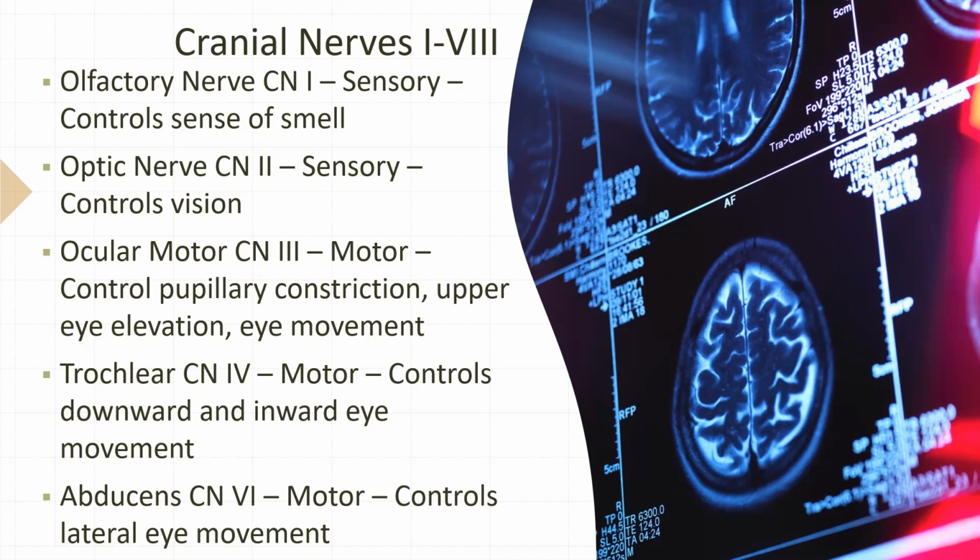The abducens nerve controls lateral eye movement, and the trochlear nerve controls downward and inward eye movement. So these three together govern the eye movement. So they overlap to test the motor function in the eye.